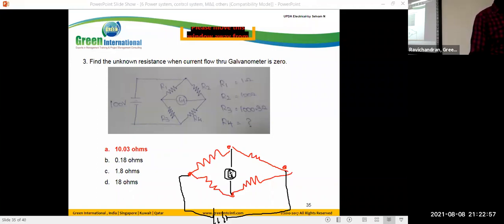Here in the center we have a galvanometer or ammeter, which is used to measure current. Now, if the ammeter reads 0, what is the meaning? If the current is 0, it means no current flows. No current flows means it's an open circuit. Correct?